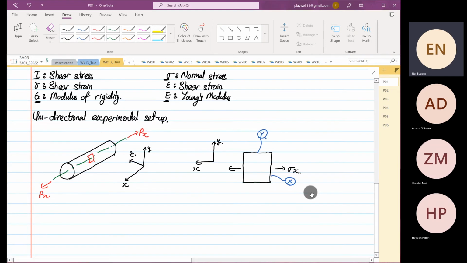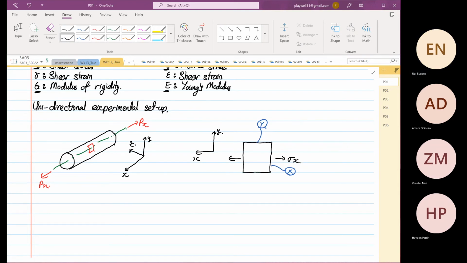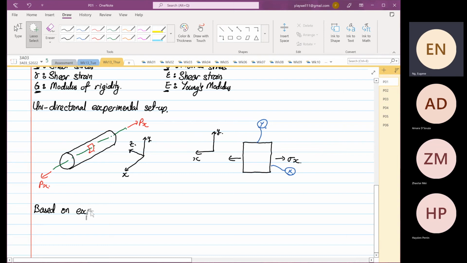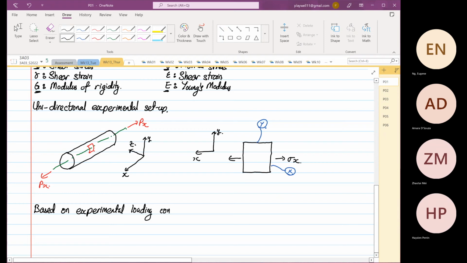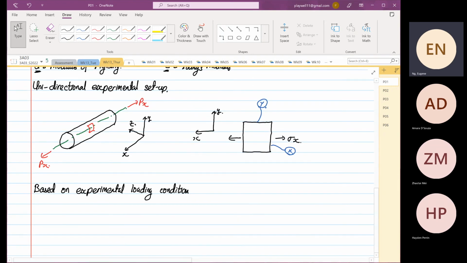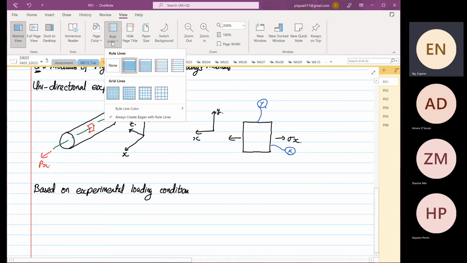Based on the experimental loading condition, when we construct Mohr's circle, I'm going to draw Mohr's circle based on the stress state of our uni-axial test.